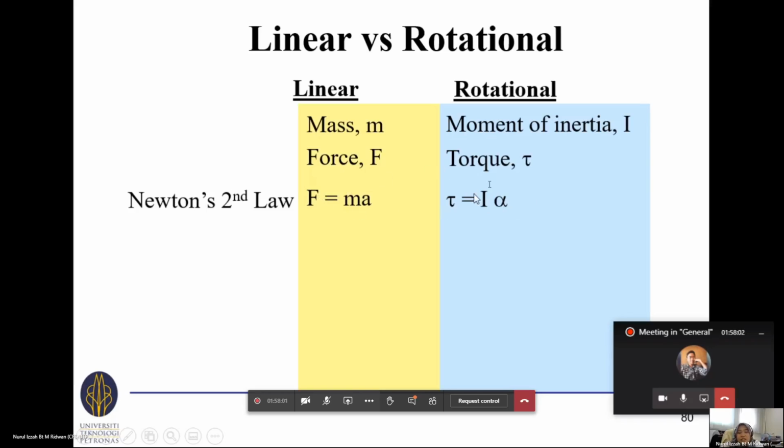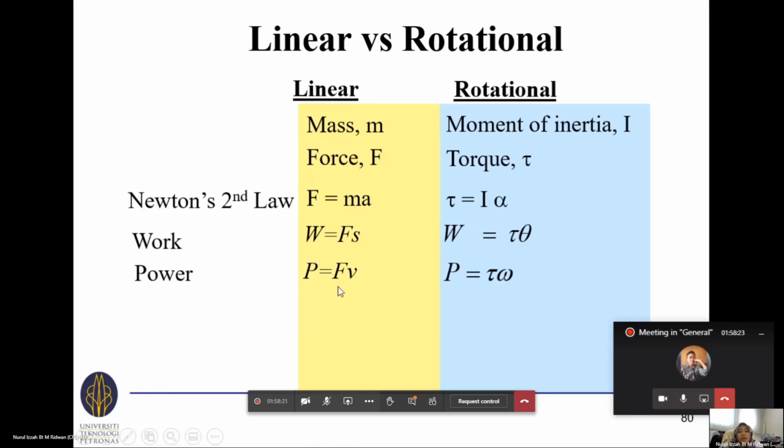So you just change the symbols. Work equals Fs. F is equivalent to torque, and s is displacement, which in rotational motion is angular displacement theta. So for work done you just change it to tau theta.